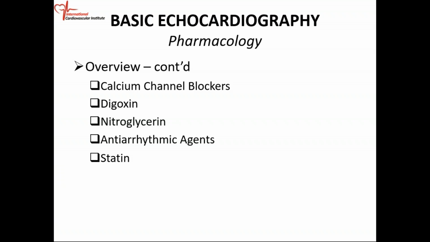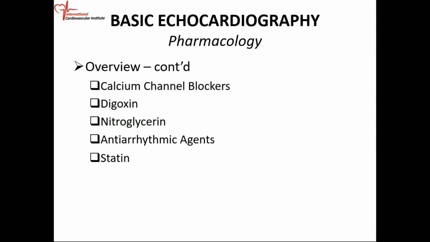Nitroglycerin. So, we have different formulations of nitroglycerin. You have sublingual nitroglycerin that you put under your tongue. You have nitropatch, nitropaste. You have long-acting nitroglycerin, such as your isosorbide mononitrate, isosorbide dinitrate, and your intravenous nitroglycerin. So, they're very, very common in cardiology.